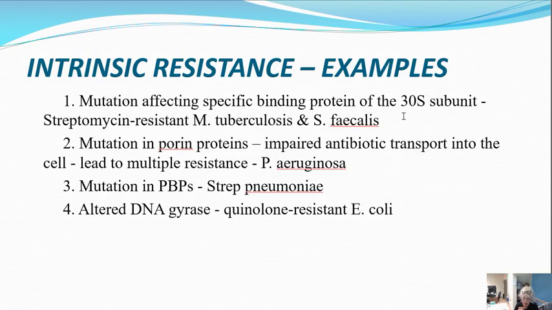Mutation in porin proteins impairs antibiotic transport into the cell and leads to multiple resistance. So P. aeruginosa, Pseudomonas, is a very difficult bug to kill. Mutations in the penicillin binding proteins, such as in treating strep pneumonia, and altered DNA gyrase, such as quinolone-resistant E. coli.